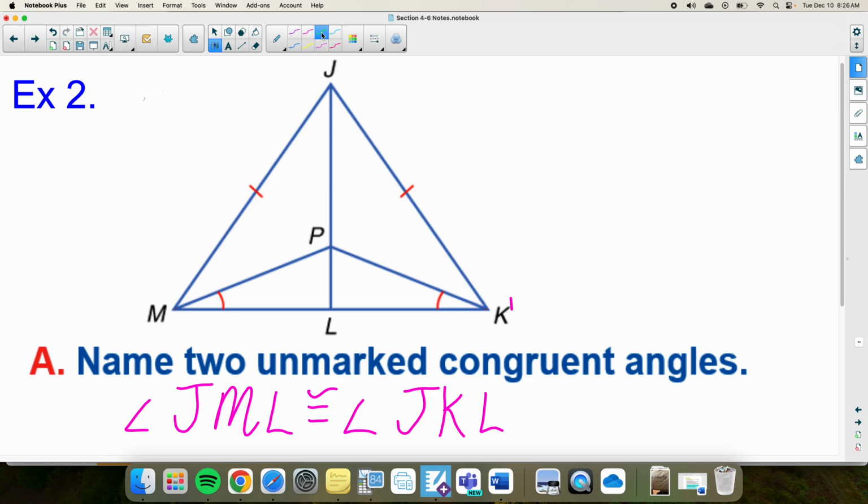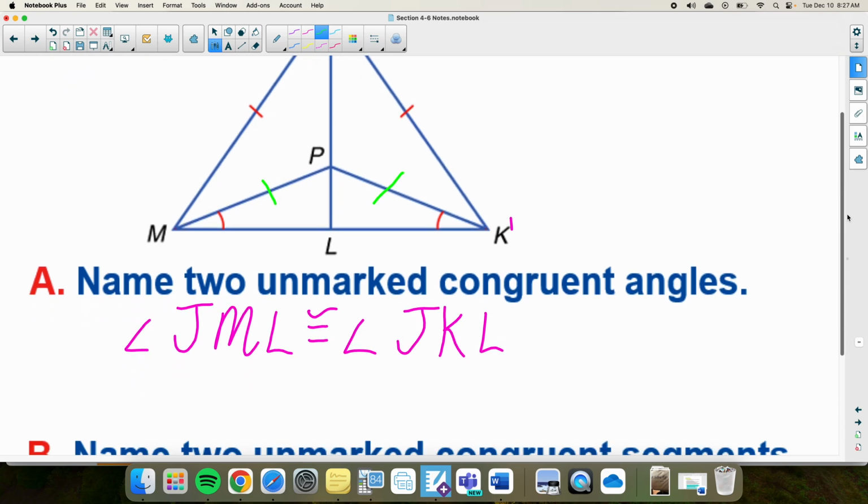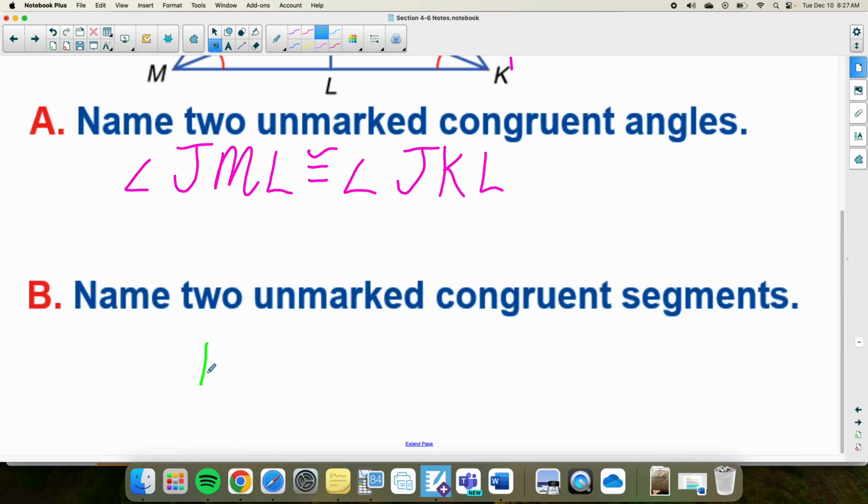What two segments would be congruent? So you wanna look for a triangle that has two angles congruent. And then the sides opposite those would be congruent. So it'd be MP and PK. Okay, MP and PK.